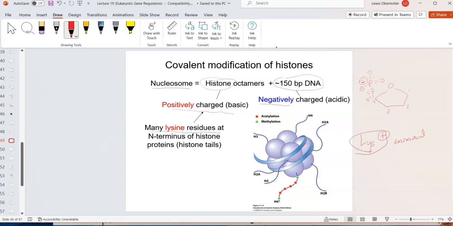So this is what causes histones to be positively charged. And you should know that negative charged DNA is going to be attracted to positively charged histones. So this is the normal way that things work out. And this slide is just showing you that we can acetylate or methylate these regions of these tails on these histones. In this case, this is H4.